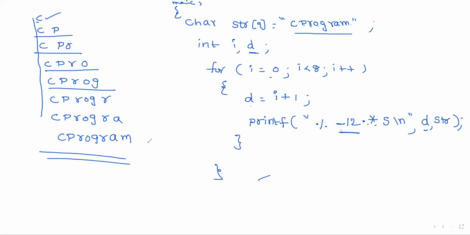This is the way to print the program. If you are not interested in writing 12, you can use another variable w and represent it using star here also. This is the way to print this type of pattern by using a simple printf statement.